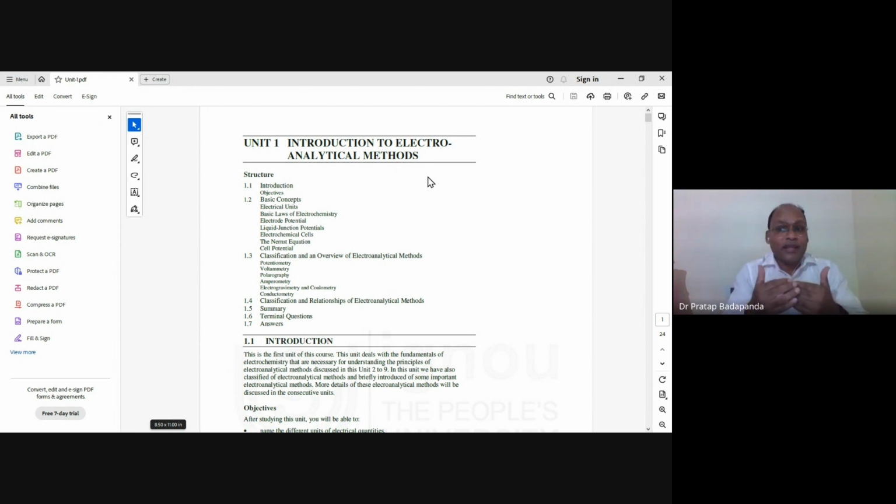I am giving one example, starting with where you can use electrochemistry, that is, electroanalytical methods. You have to understand very particularly how the mechanism goes on, what the application part is, and how to do it.